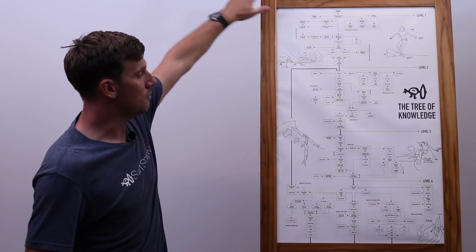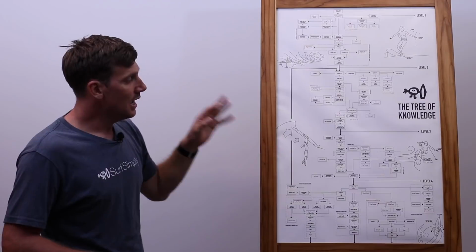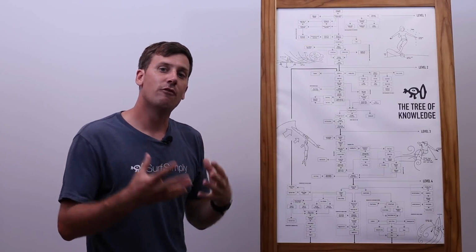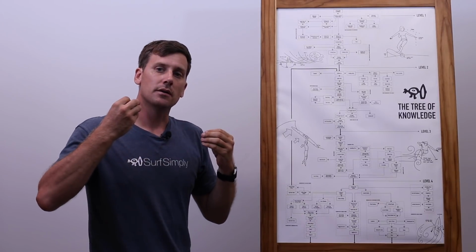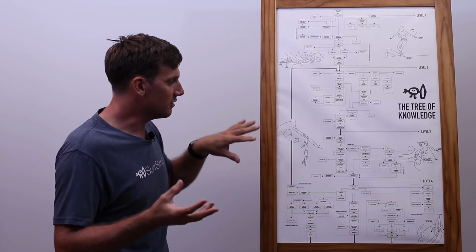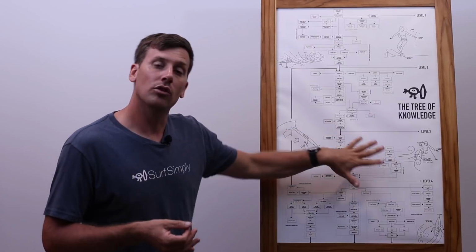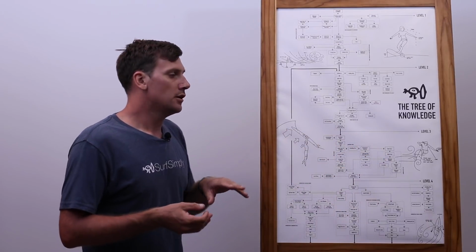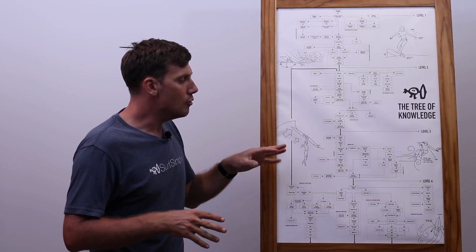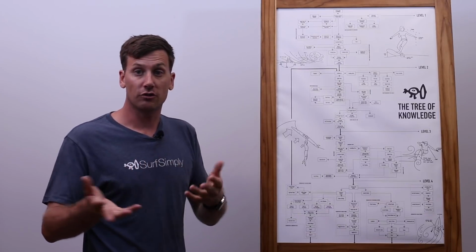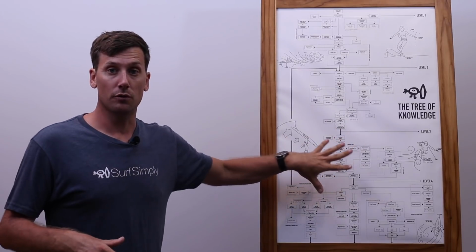Now, as we push through, we get to level 3, say, level 3 is where we're starting to think about performing horizontal turns, cutbacks, little re-entries, things like that on the wave face. We don't recommend dropping below about 50% ratio, so around a 40-liter surfboard for me.